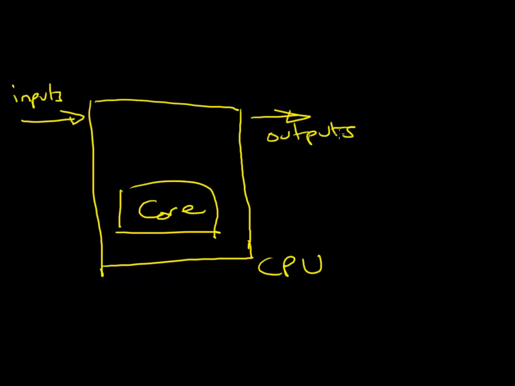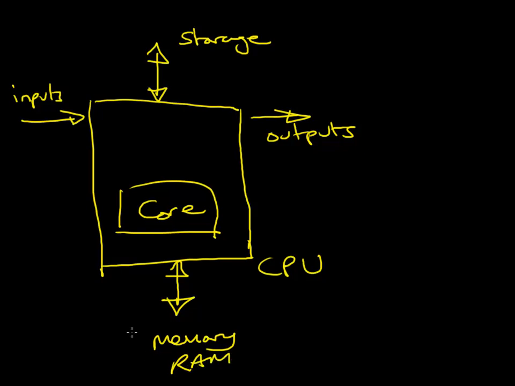So this will be controlling using my input devices and then sending the information to my output devices. It's also able to talk to, get information from, and put information to storage devices. And my CPU is able to read and write from memory, which typically is going to be RAM.